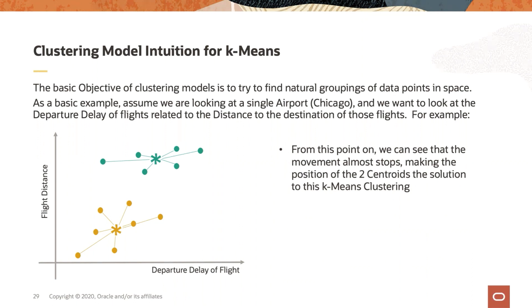So to a certain level of threshold, when there's no more movement, that means the clusters are stable. So k-means actually converges to a point where it can tell you, yep, these are the segments that I found, and I'm not moving from here. So at that point is where we decide, okay, that's what the k-means is telling me.